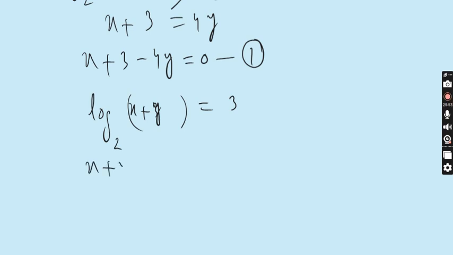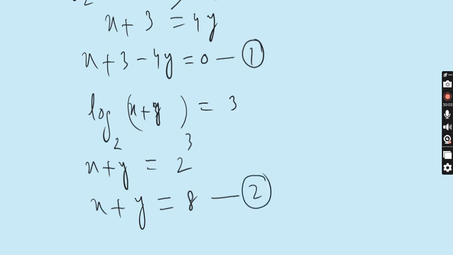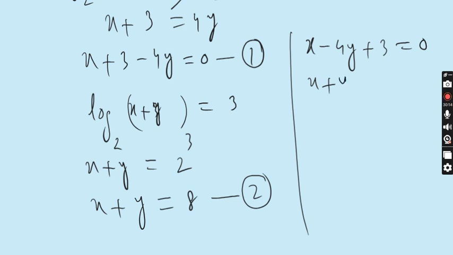You can write x plus y is 2 power 3. The logarithmic form is converted into index form. 2 power 3 is 8. Now you have two equations. One is x minus 4y plus 3 is equal to 0, and next is x plus y minus 8 is equal to 0.